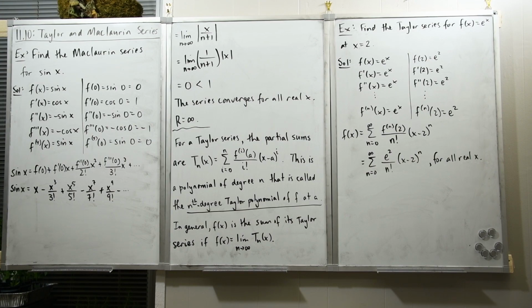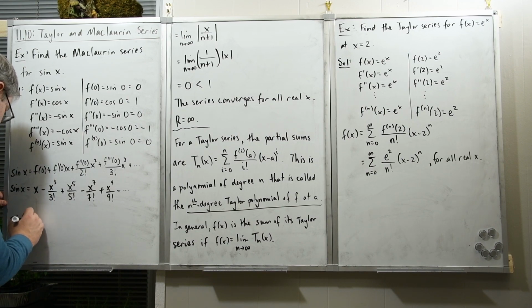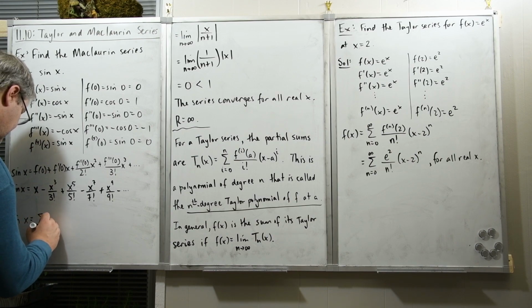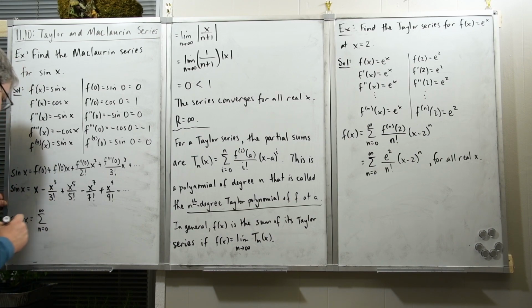Now, if you write this using sigma notation, we're going to get sine of x is going to be a summation. We'll start with n equals 0 to infinity. Notice that we're only looking at odd powers of x here. But there's also a sign change mechanism that we have to keep in mind.